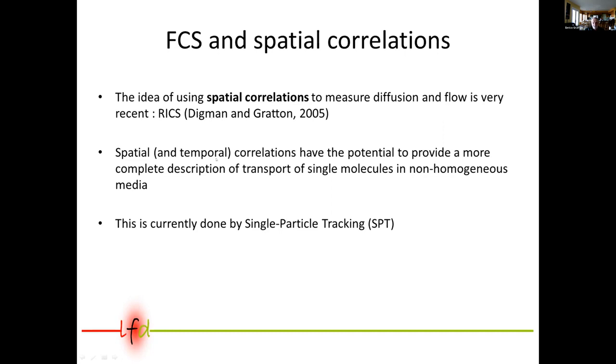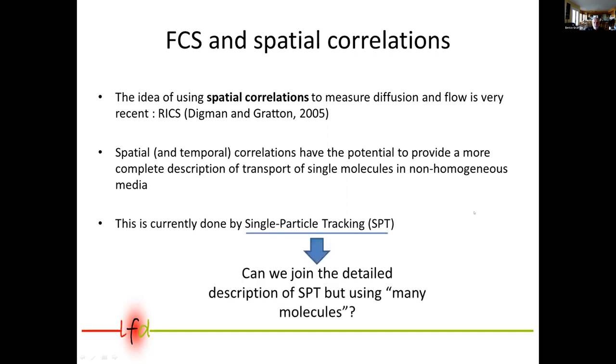Spatial correlation has the potential to provide a more complete description of the transport of single molecules in non-homogeneous systems. In fact, in the lecture that Nick gave, he shows a Gaussian and says the Gaussian will broaden, because the particle can be found at different times in different positions away from the original position.